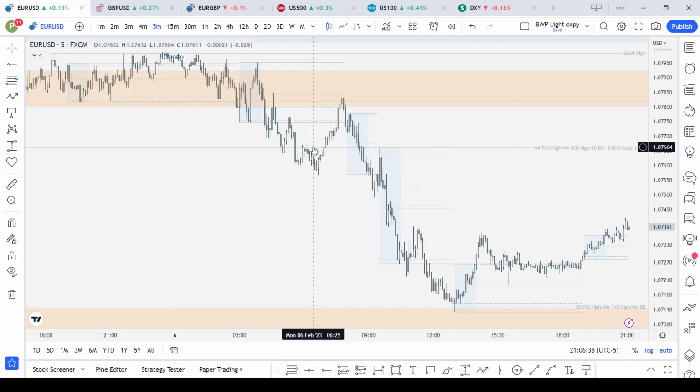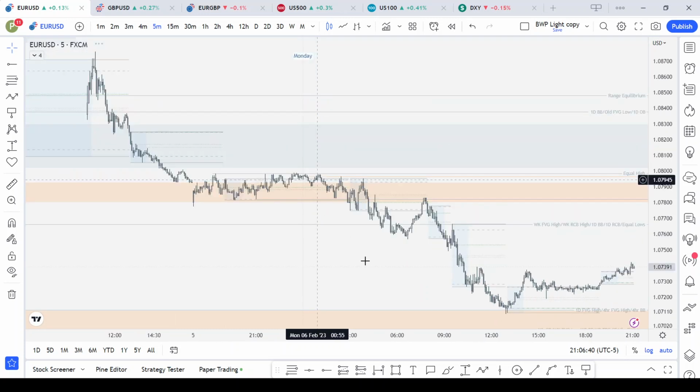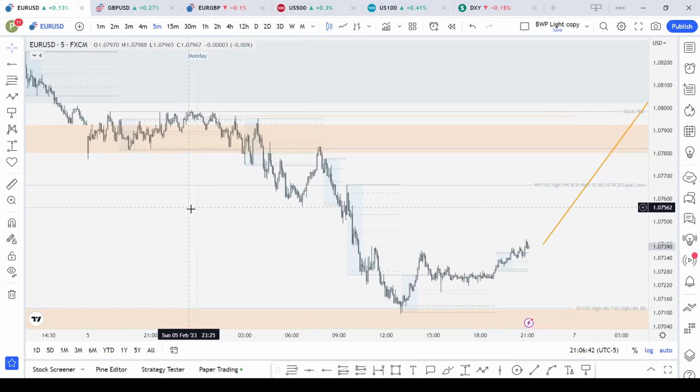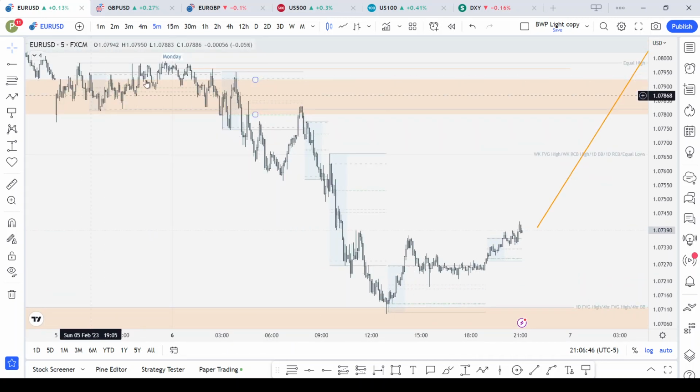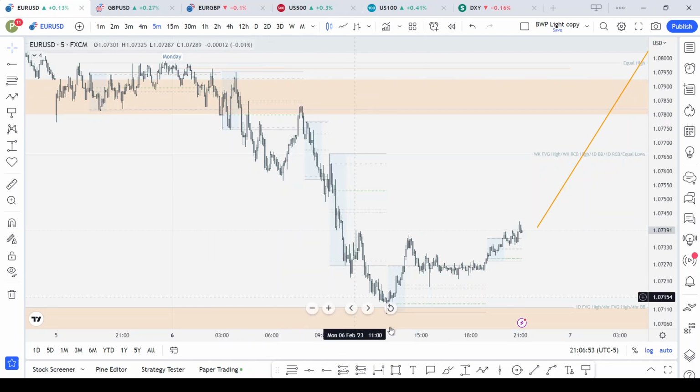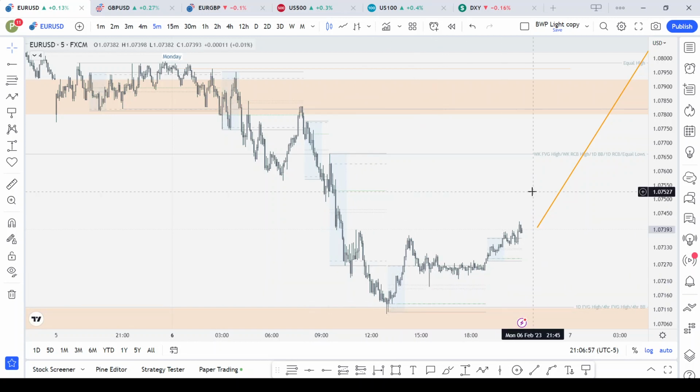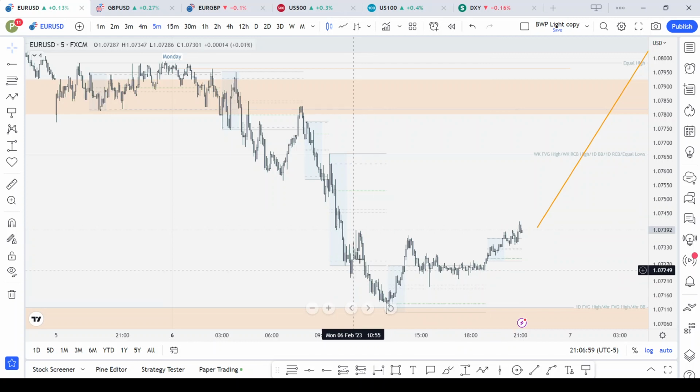So yeah, we have a market maker buy model, with this being the initial consolidation, run away, retest, forms a key low, smart money reversal, low risk buy. So I expect that it should turn this right here into support.